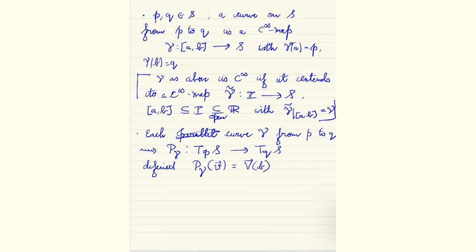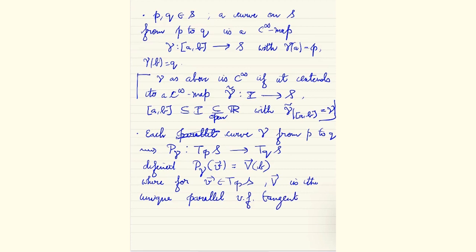Where for v in T_P S, V is the unique parallel vector field tangent to the surface along gamma, given by the theorem, such that V of a is the vector v that you started out with.